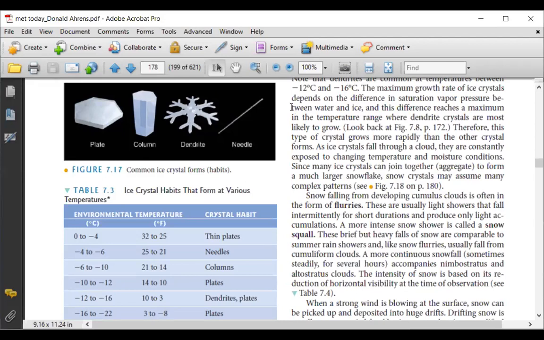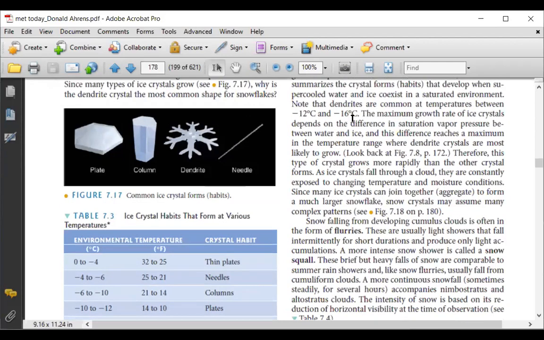And the temperature of minus 12 to minus 16 degrees is the most favorable condition for snow formation inside the cloud, which is much more dependent on particular locations.